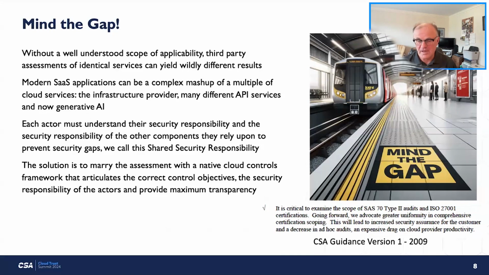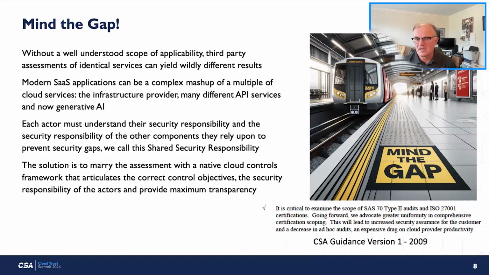And now, of course, we have generative AI. And so certainly what is there can be something that we need to make sure that our overview, our oversight, and the controls that we are examining and potentially improving, are comprehensive for the job at hand and for the actual technology that we're using.